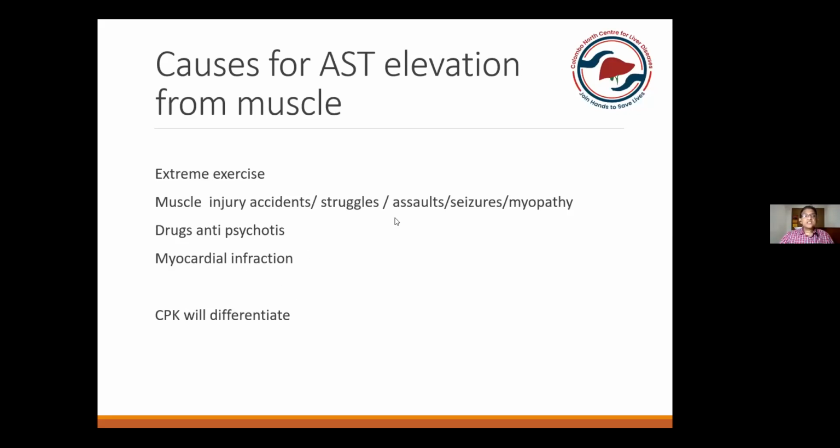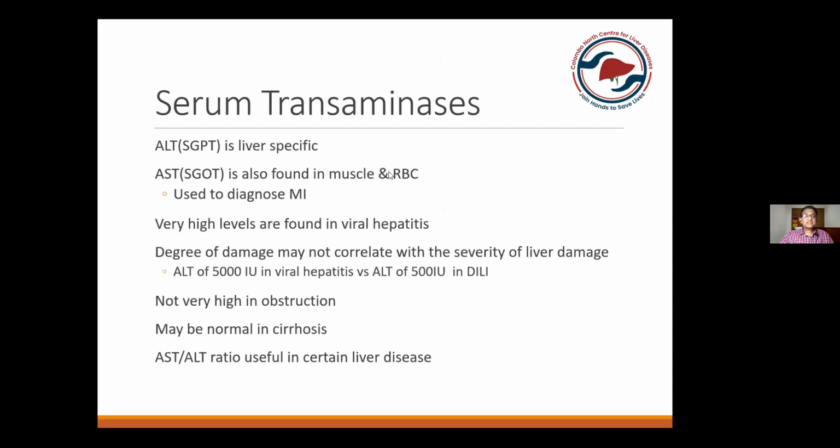So to discuss more about serum transaminases, as I told you before, SGPT is liver specific. SGOT is also found in muscle and red blood cells, and it was used to diagnose myocardial infarction. And very high levels are found in viral hepatitis, like 5,000, 6,000. And the degree of elevation may not correlate with the severity of liver damage.